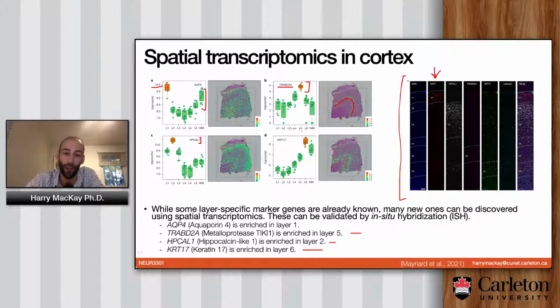This is a kind of novel discovery, and you could either discover it this way, or what you could do is just go through and stain the brain with 20,000 different probes and look at them one at a time and see which is located where. So the method that they've got is certainly a lot more efficient.